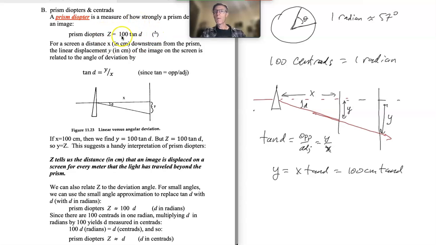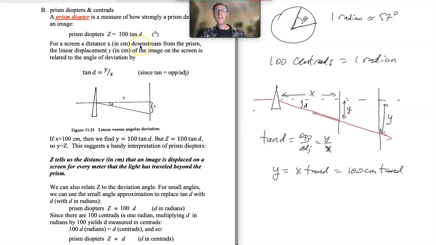We define the power of a prism as this z quantity, 100 times the tangent of the deviation angle. And so why do we do that? Well, number one, most importantly, the prism power is something related to the deviation angle, and that's what matters.